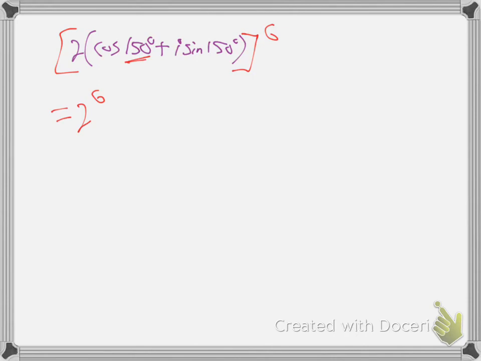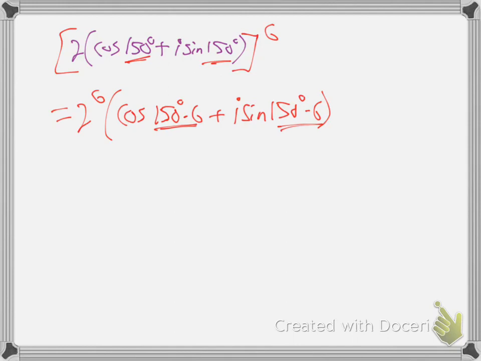And then what do you do with the angles? You multiply. That was de Moivre's surprising theorem, that you could just take the angles and multiply by 6. That's weird, huh? It's weird that a power of 6 would multiply angles by 6, but that was exactly what de Moivre proved. That's why he became famous, because that is kind of an amazing result.